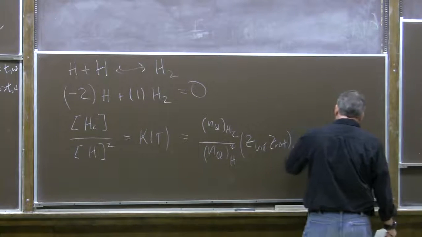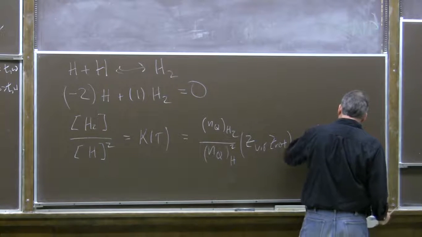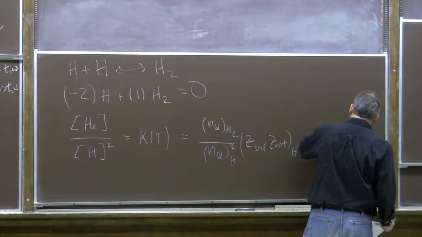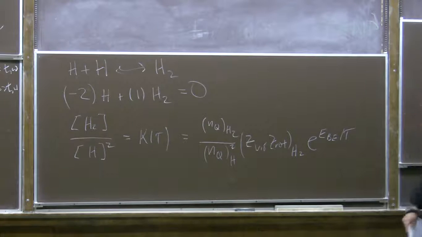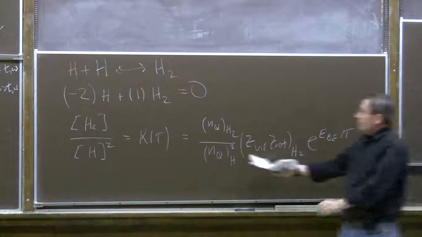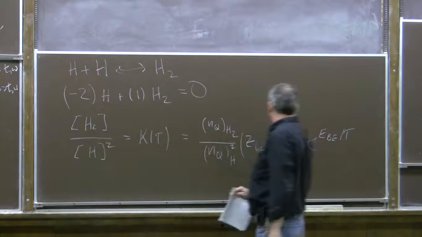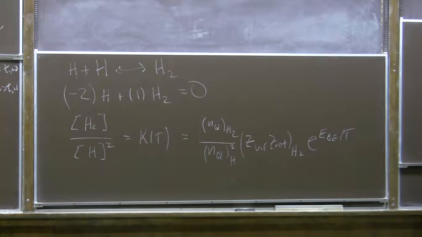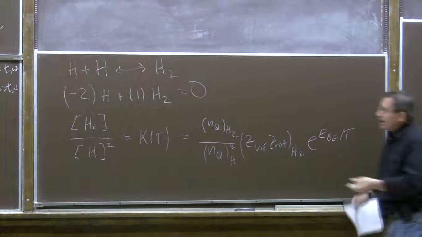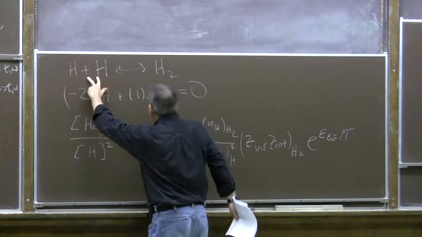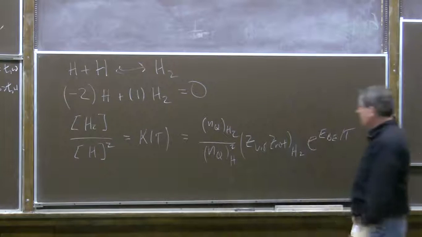And also there will be a factor coming from the binding energy of the reaction. Okay? So what that's saying is that the concentration of molecular hydrogen will, it's an exothermic reaction, right? When we combine together atomic hydrogen to get molecular hydrogen.